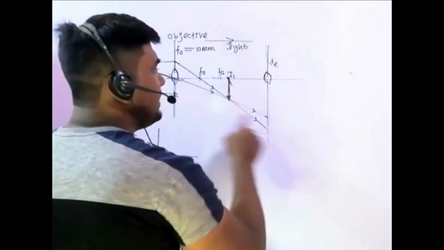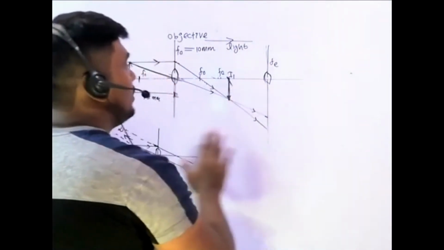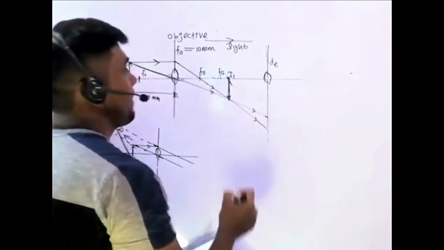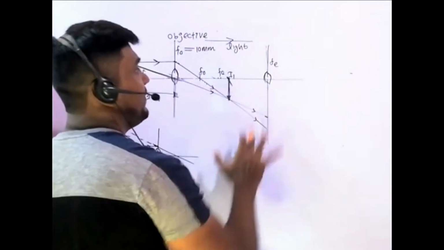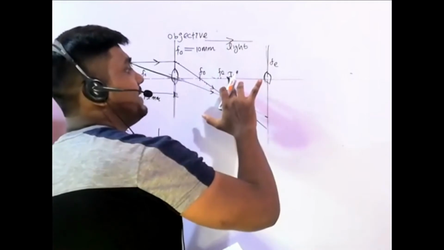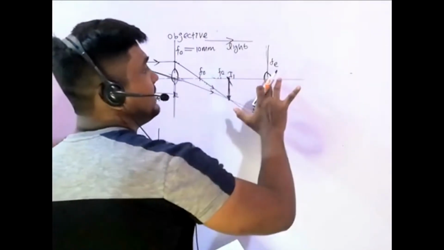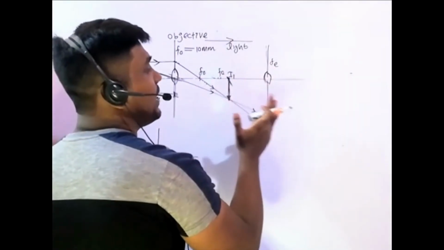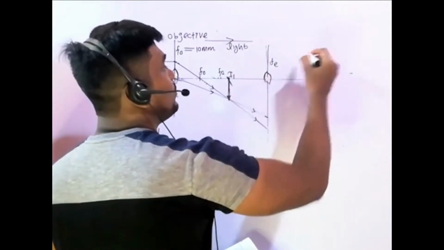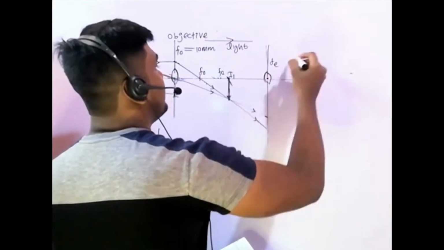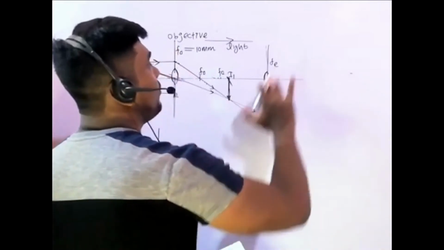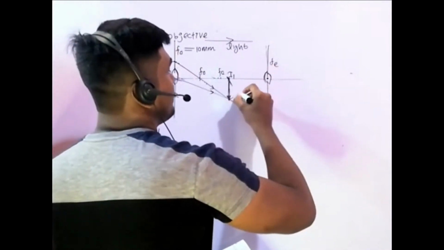In order to decide the remaining path and the location of the final image, we have to use two standard rays. We can think of this as our object, and this is our lens. Whenever a ray is passing through the center, it keeps moving without changing its direction.